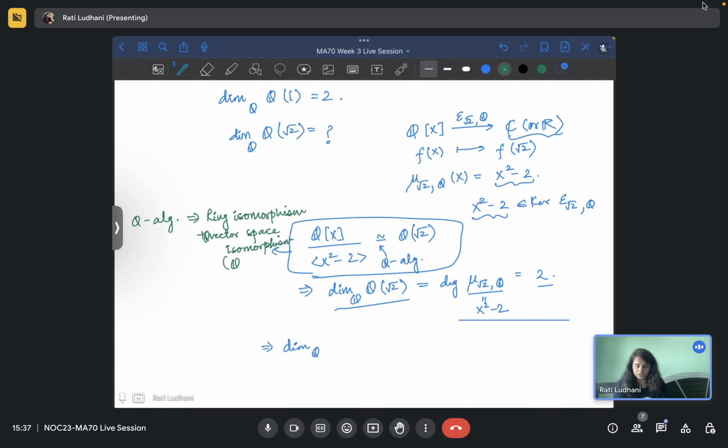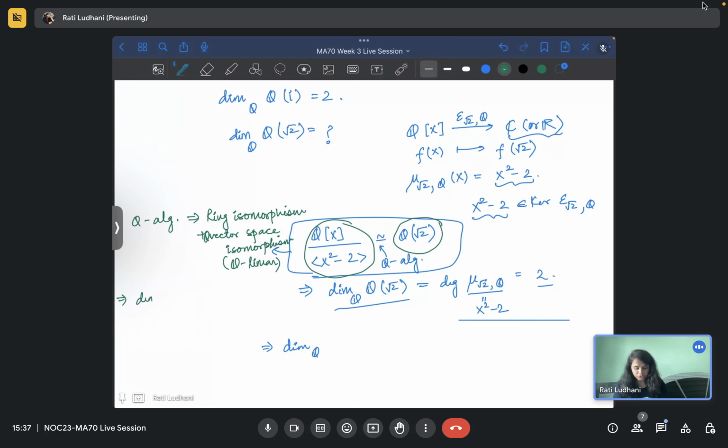So you know that these two vector spaces are isomorphic as Q linear because of the Q linear isomorphism. So this implies whenever these are isomorphic, dimensions are same. That is the result we are using.